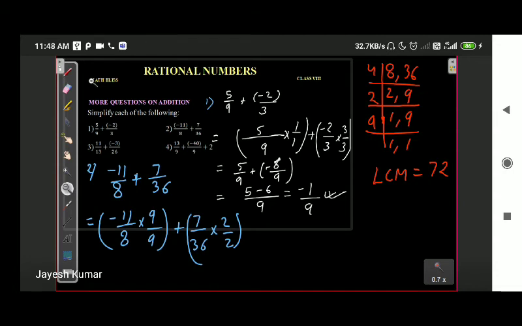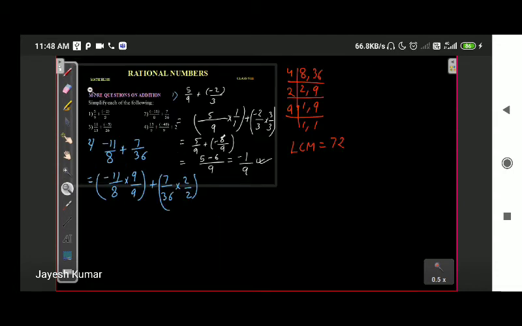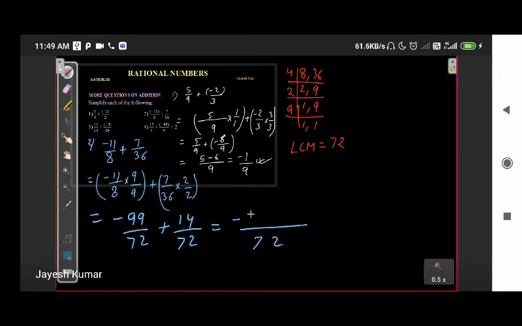On solving, this will be minus 99 upon 72, and the second one will be 14 upon 72. Once again, you take the common denominator, that is 72, and you write the numerators as they were: minus 99 plus 14.